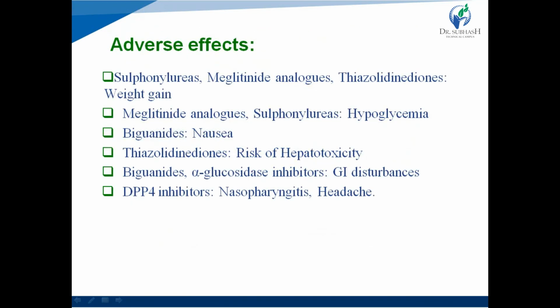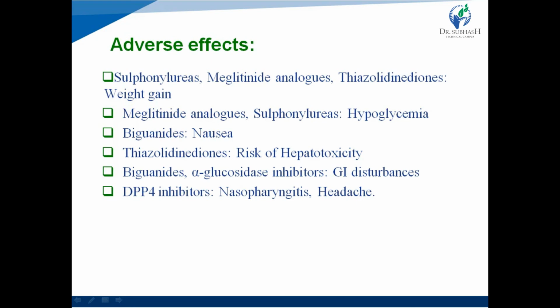These all were the mechanisms of action of oral hypoglycemic agents. Next point is adverse effects of oral hypoglycemic agents. Here we have taken only the major adverse effects of the classes. Sulfonylurea, meglitinide analogues and thiazolidinedione have a common adverse effect, which is weight gain due to fluid accumulation in the body.